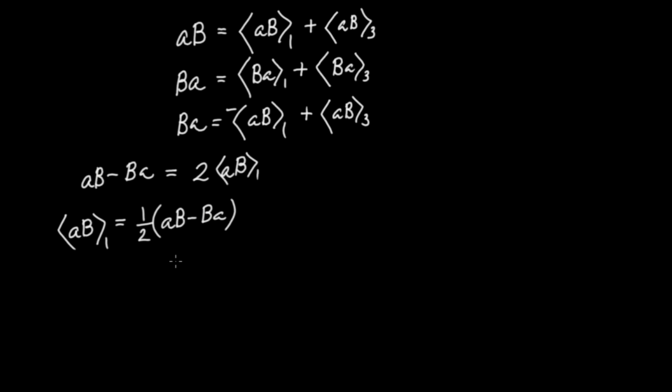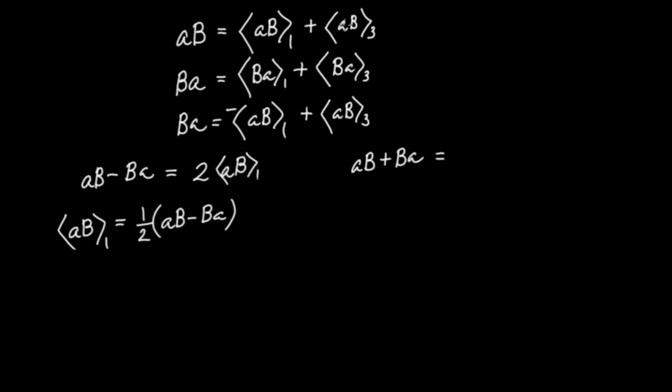And now what we can do is play a similar game to isolate out the grade 3 part of AB. What I'm going to do is, instead of subtracting, I'm going to take this line and add it to this line. So on the left hand side, I'm going to have AB plus BA. So AB plus BA is equal to the sum of the grade 1 part of AB and of the minus grade 1 part of AB, so that's 0.